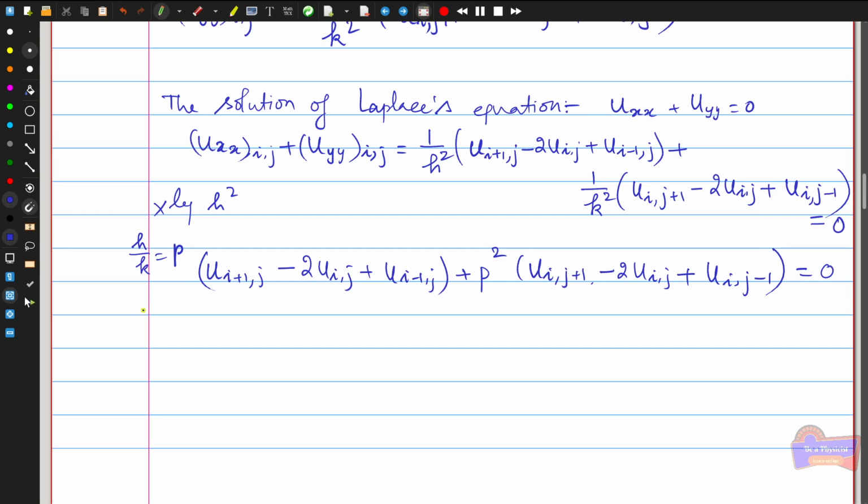And suppose we have taken h is equal to k, that means you have considered the square mesh points, a uniform mesh spacing, then h is equal to k, that means p will be equal to 1.